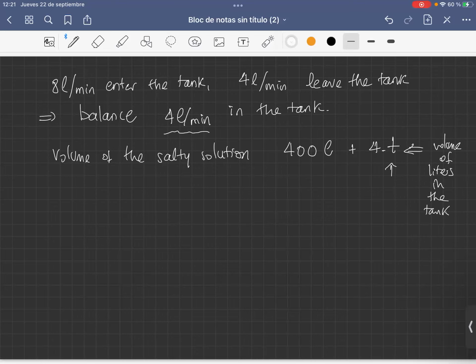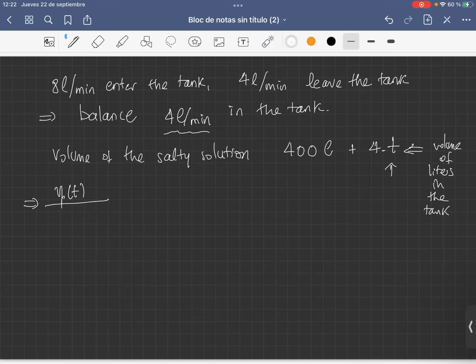So then if we want to see how many kilograms we have of salt per liter, then we have the concentration or amount of salt, which we said was Y. Okay, so Y was measured in kilograms of salt.